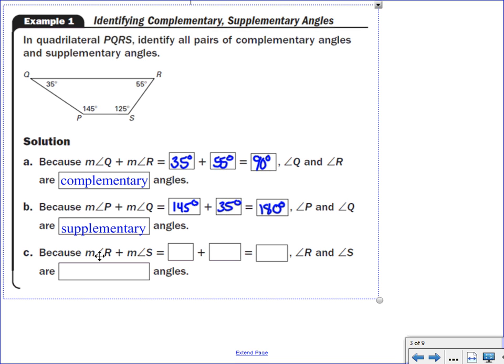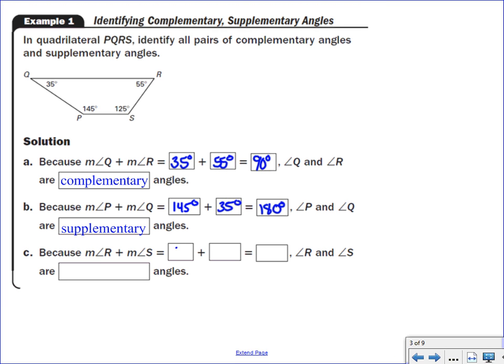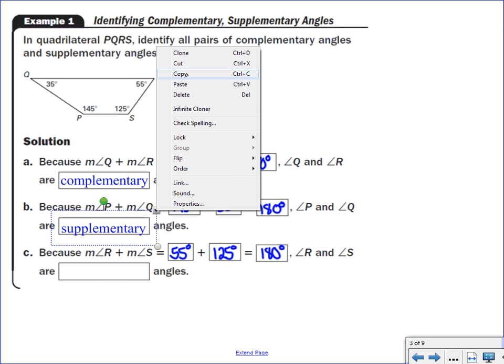Because the measure of angle R plus the measure of angle S is equal to 55 degrees plus 125 degrees, and that is equal to 180 degrees, angle R and angle S are also supplementary angles.